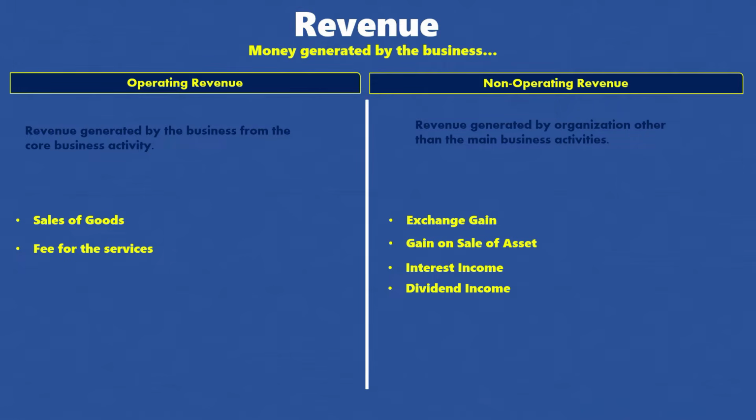And finally, let us talk about this exchange gain as well. So let us say we made some sale to a British company for which we need to receive £1 million in 3 months' time. So based on our transaction terms, the payment is to be received in 3 months' time. And we are supposed to receive £1 million.